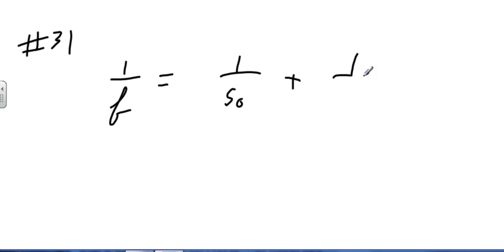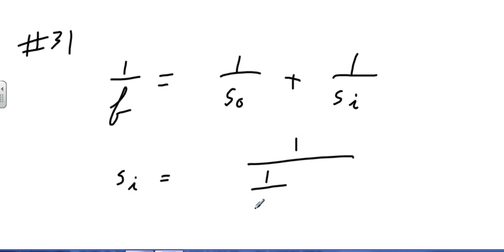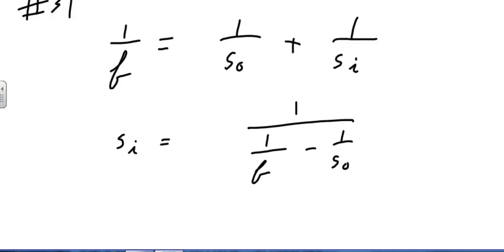And is there any difference between this and finding total resistance in a parallel circuit? Absolutely not. Same exact formula, just different things. Okay, so we want to find the height of the image. So the height of the image, 1 over F minus 1 over height of the object.